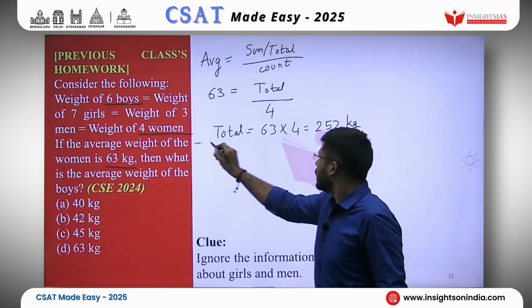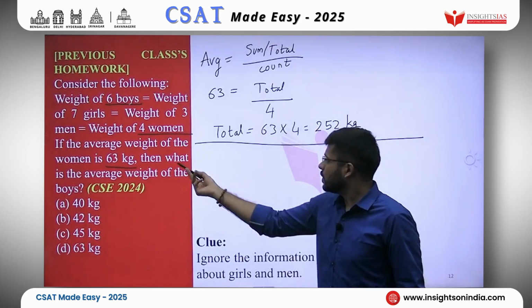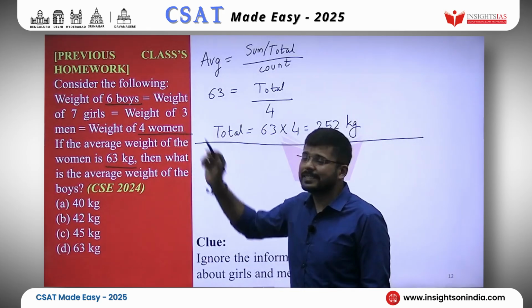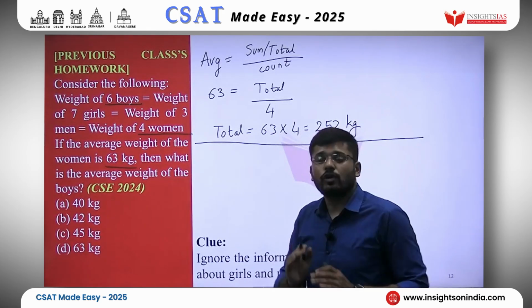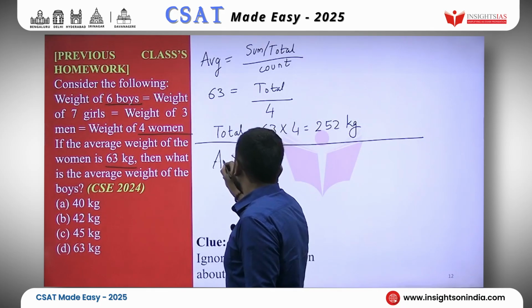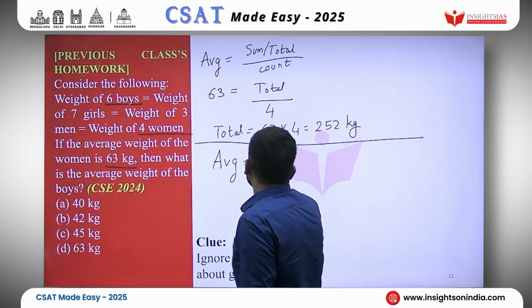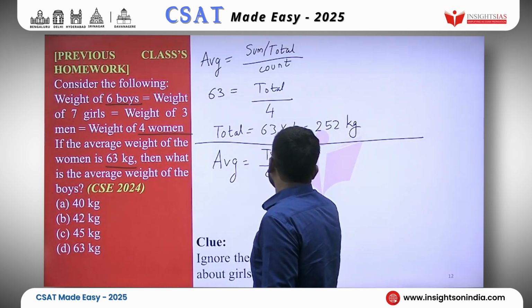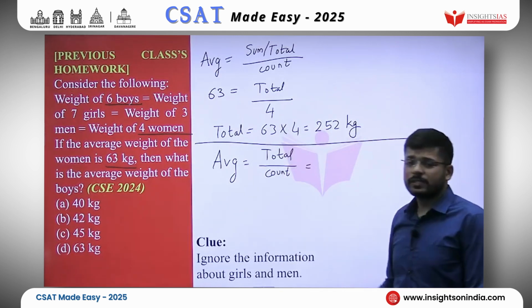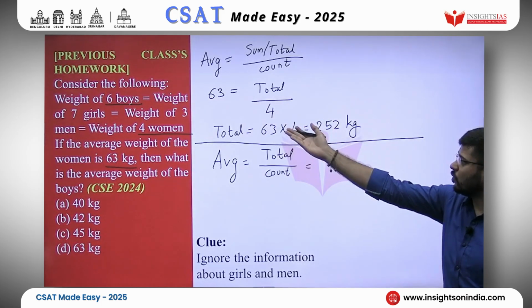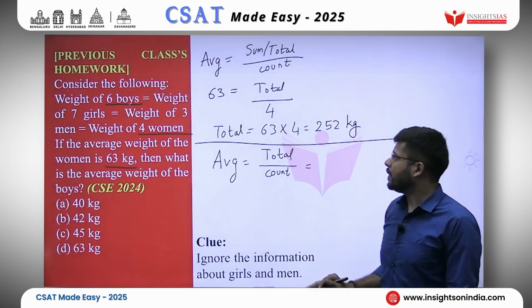Okay. Now they are asking us, then what is the average weight of boys? How many boys are there? 6 boys are there. What is the formula that we will use? It is still the same formula. Average is equal to total divided by count. What is the total here? They have told us that the weight of 6 boys is equal to the weight of 4 women. So the total remains the same, right?